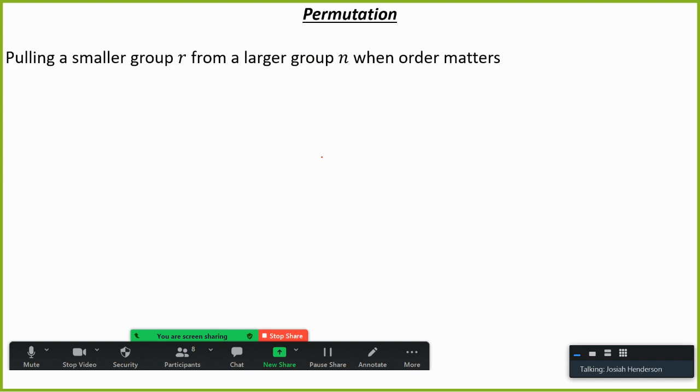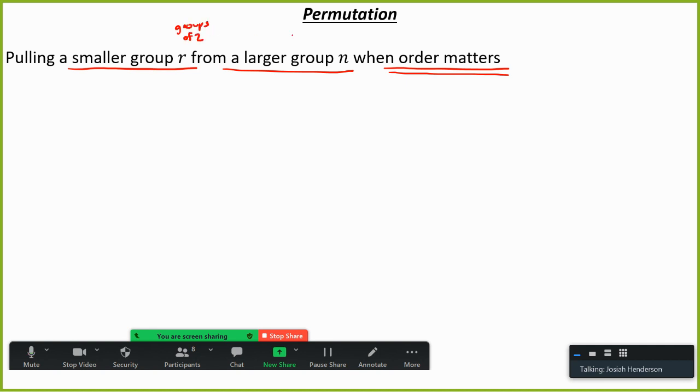So like I've been repeating, permutation is pulling a smaller group, R, from a larger group, N. And this is important when order matters. So in that last example, we wanted to pull 2 groups of 2.